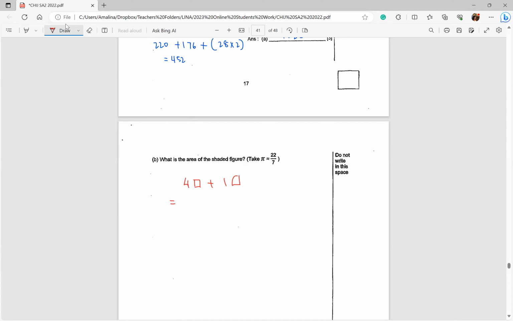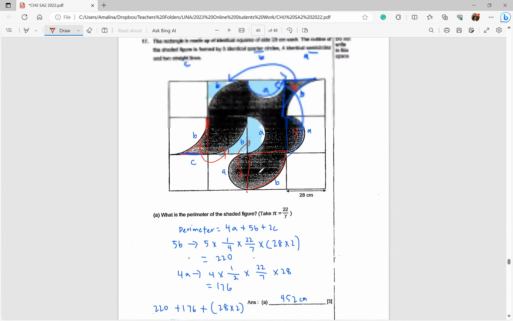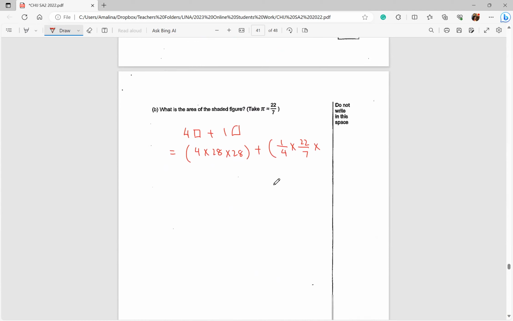So 4 squares will be 4 times 28 times 28, the area of your square, length times length, times 4 squares. And then your quadrant is 1/4 of pi r square. So 1/4 times 22/7, and for this quadrant, if you recall, the radius is 28. It's a huge circle, so the radius is 28.